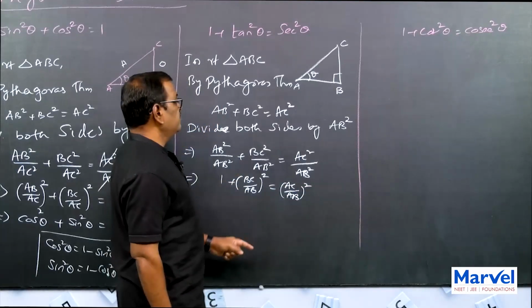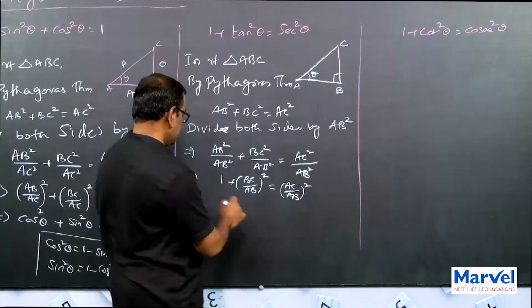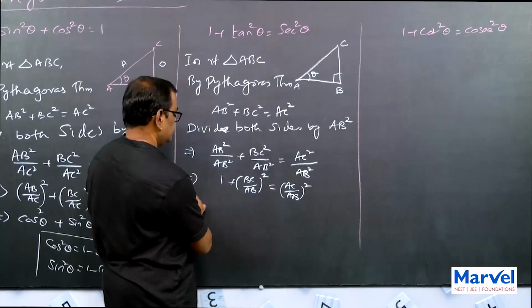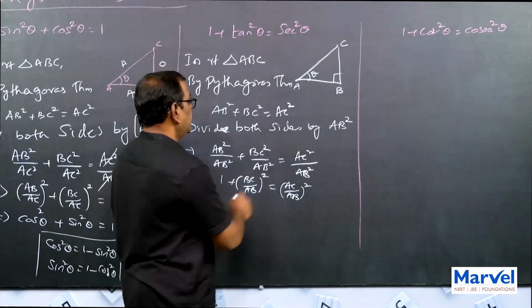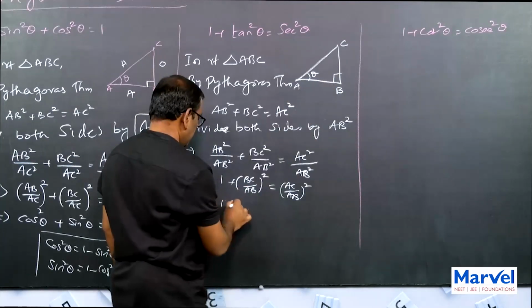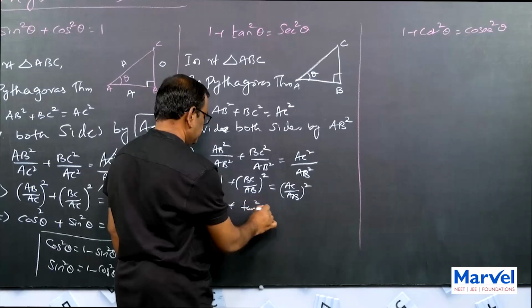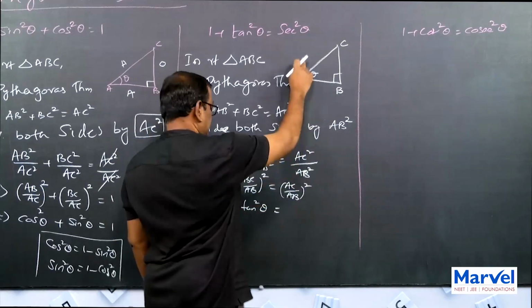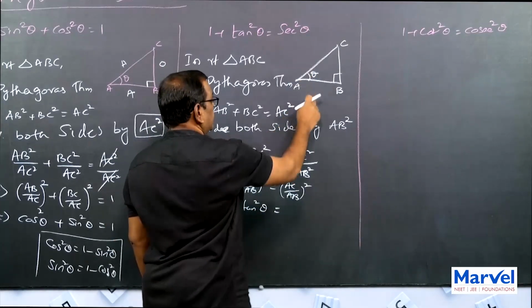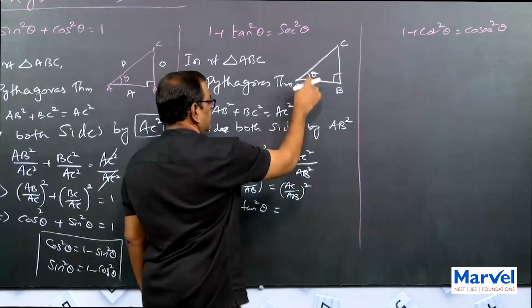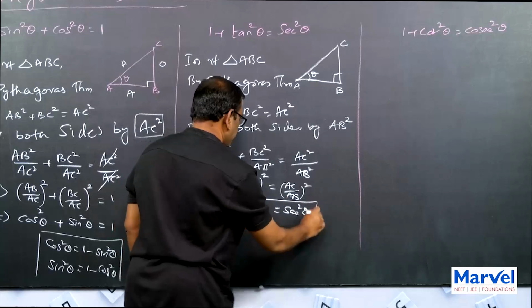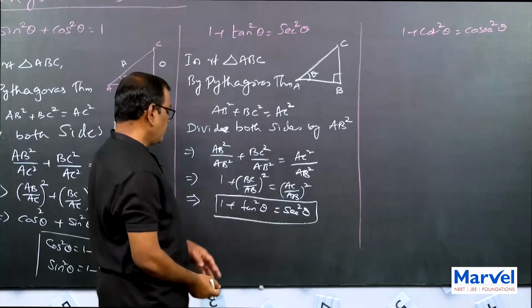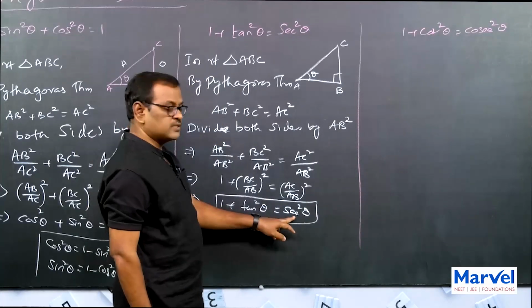BC by AB, opposite side by adjacent side, is tan theta. So 1 plus tan square theta equal to (AC by AB) whole square, hypotenuse by adjacent side, this is secant square theta. This is the proof of the second identity, 1 plus tan square theta equal to secant square theta.